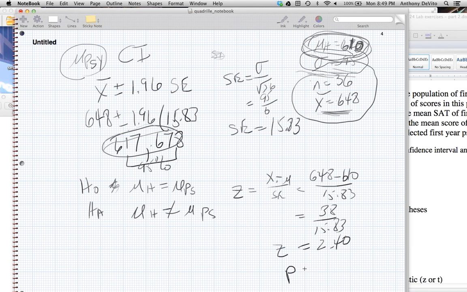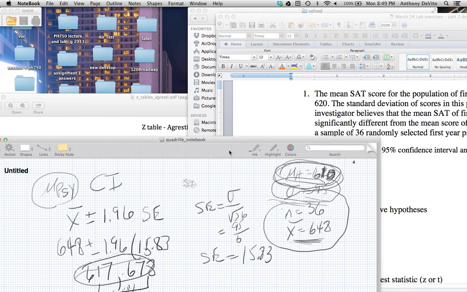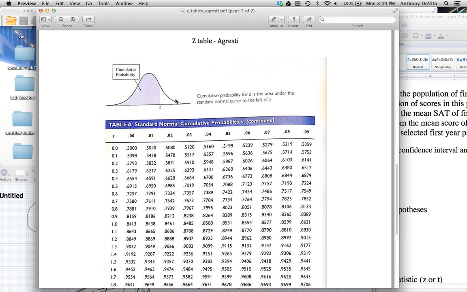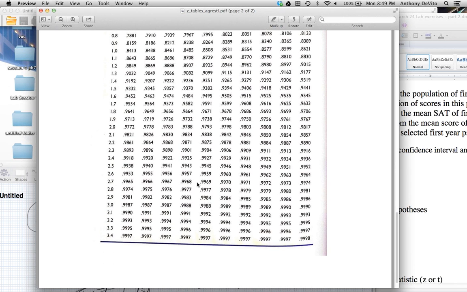What p-value does that represent? How do I determine that? I go to the z-table, 2.40. I'm interested in the areas at the ends, in the tails. Two-sided test, I'm going to look at both tails. So 2.40 is 99.2%.